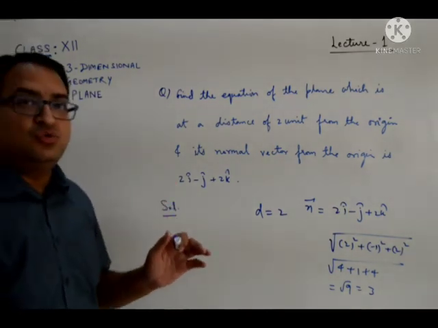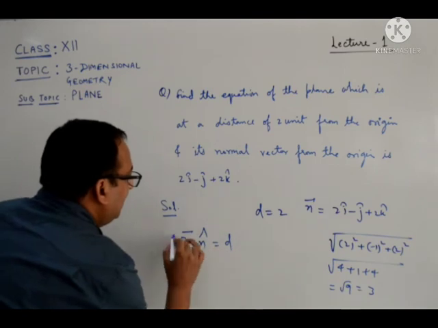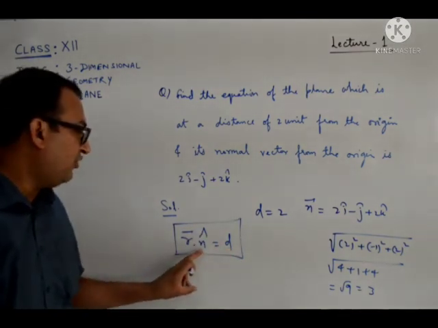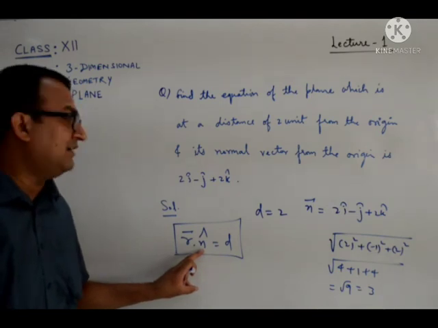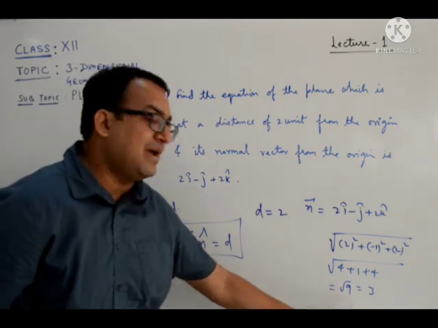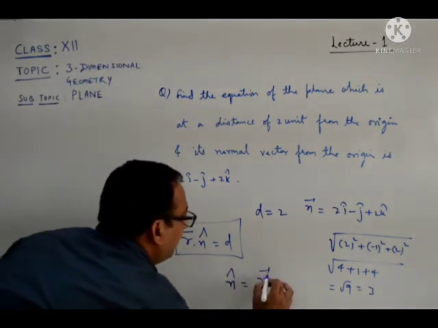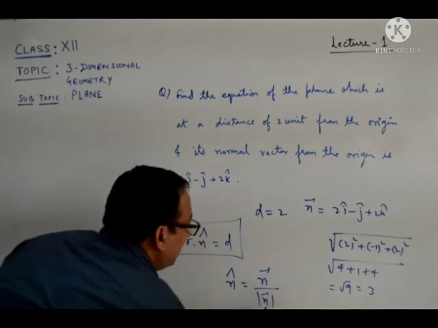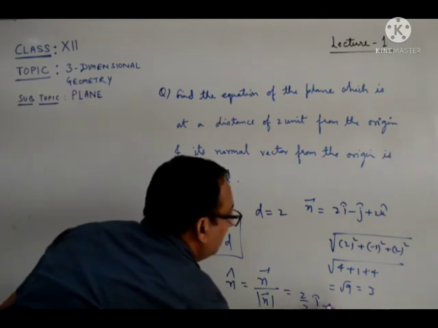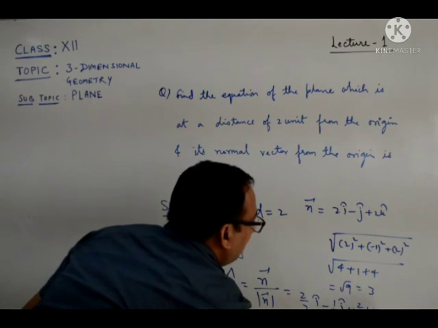So if we use the normal form, that is r vector dot n cap is equal to d, we have the distance of the plane from origin. But for finding the unit normal vector, you have to divide this normal vector by its magnitude. As you know, a normal unit vector can be obtained if we divide the normal vector by its magnitude. So this will be 2 by 3 i minus 1 by 3 j plus 2 by 3 k.